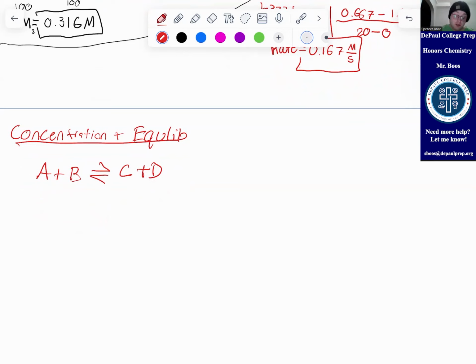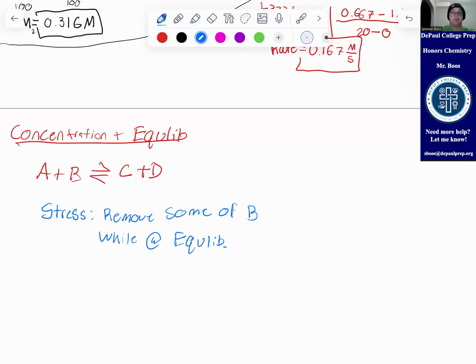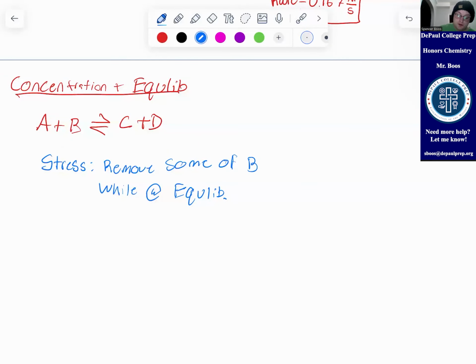Not removed totally, but removed to a point that it disrupts the equilibrium. So the stress is going to be remove some of B while at equilibrium.